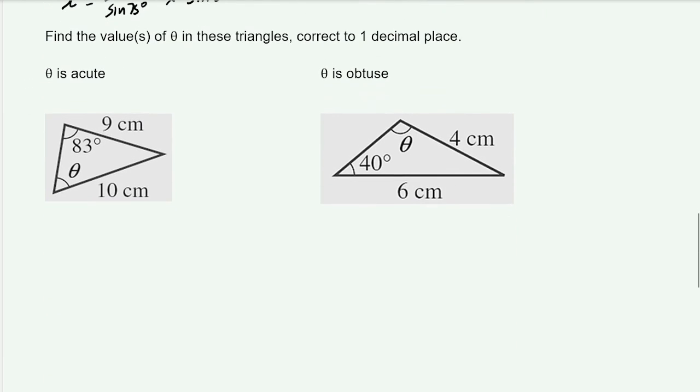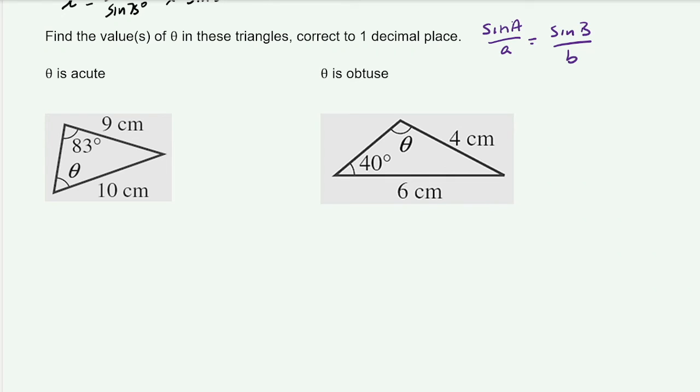Now we can go the other way. So that one was finding the value of the side. We can actually find the value of the angles as well, just by flipping those around. So we're actually going to use sine of A over A equals sine of B over B. Right?